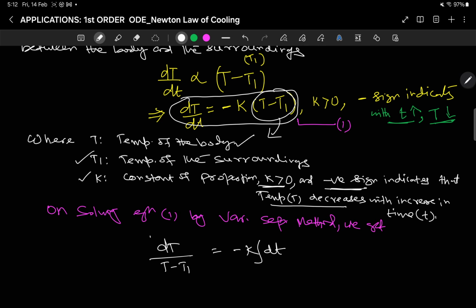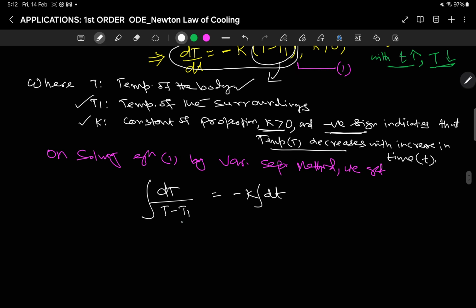If you integrate both sides, T1 is constant here, it is ln(T - T1) is -k times the integral of dt, which is t, plus some constant, suppose ln c.